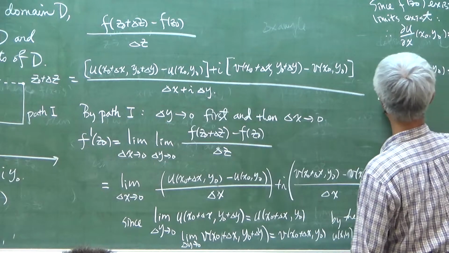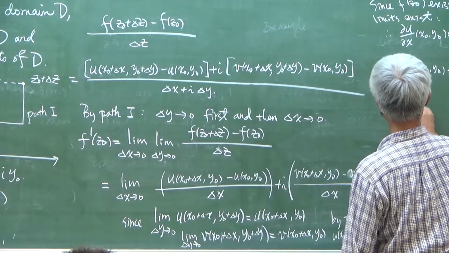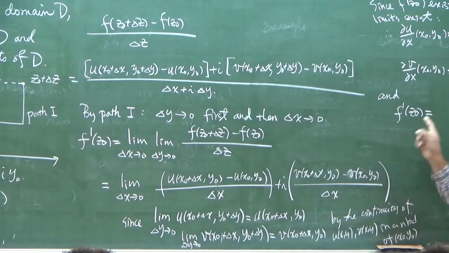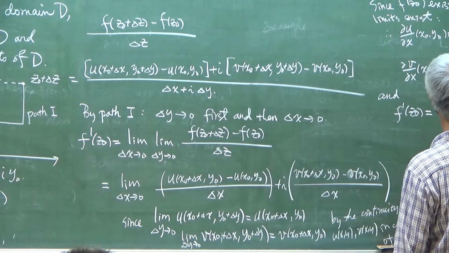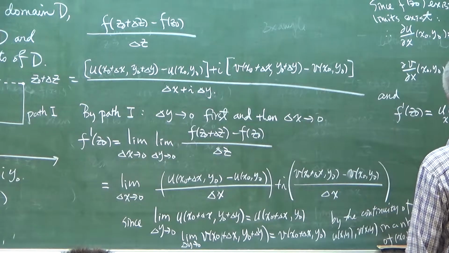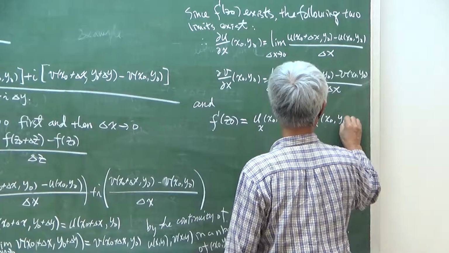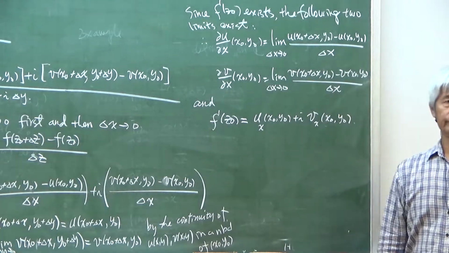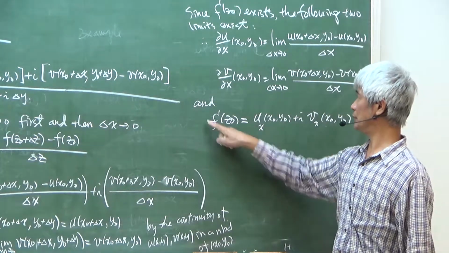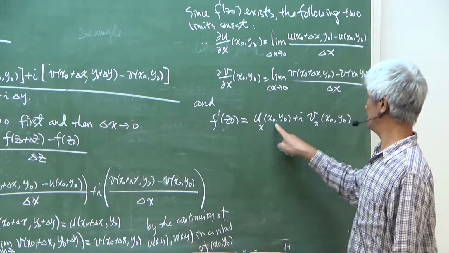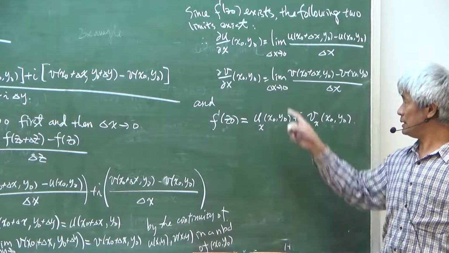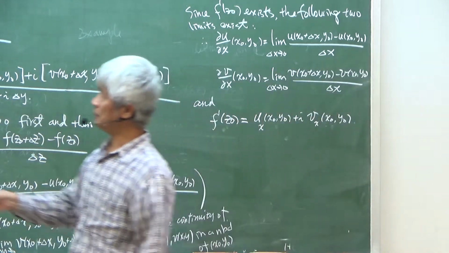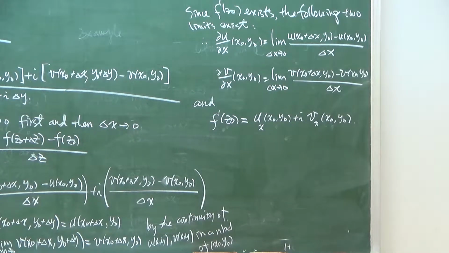Then the derivative can be written as u_x at x0, y0 plus i v_x. So we know the connection between this derivative and the partial derivatives here. All this is true because we have assumed that this limit exists.